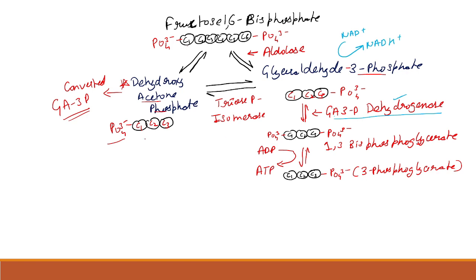Now because this step is going twice, dihydroxyacetone phosphate is also converting into this step. So these molecules will be generated twice. So 2 ADP would be converting into 2 ATP.